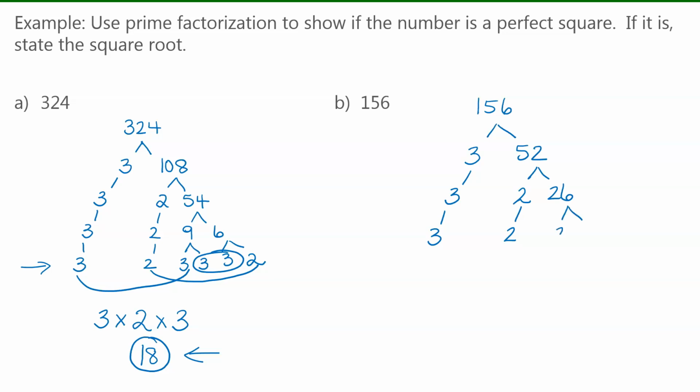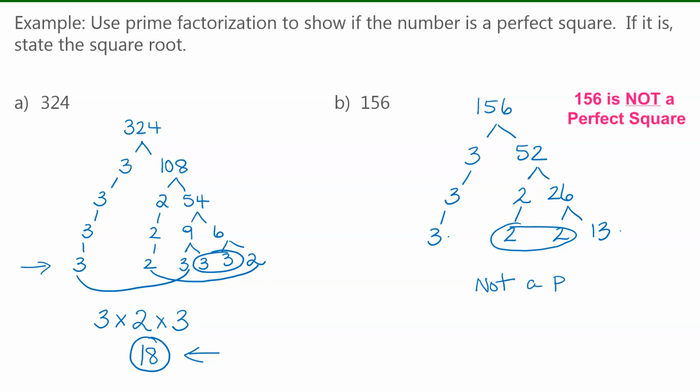And 26 can split into 2 times 13. And I know 3 is a prime number, 2 is a prime number, and 13 is a prime number. So we have a pair of 2's, but this 3 doesn't form a pair, and this 13 doesn't form a pair. Because not all pairs are formed, this is not a perfect square.